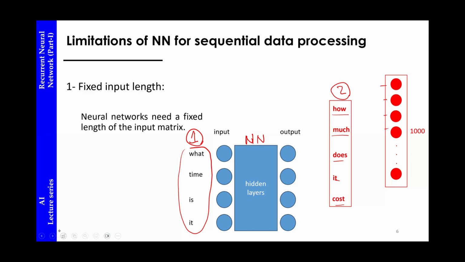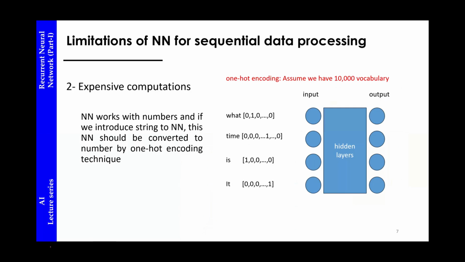I think then the next limitation of neural networks is computation cost. As you know, neural networks do not work with strings and text, and we should convert our text to vectors. There is a method called one-hot encoding, and the idea in one-hot encoding is, for example, we say we have 10,000 English vocabulary totally.